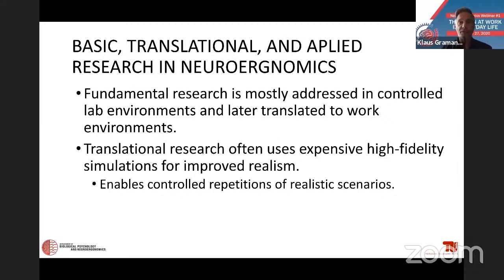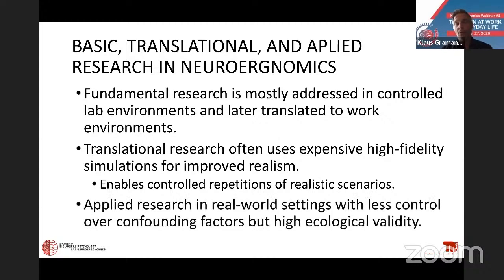So you gain sufficient statistical power with a sufficient level of realism to become more ecologically valid, but still have statistical power. And then in the end, and this is what Raja Parasuraman also wanted to push here, this research should also take place in the real world.